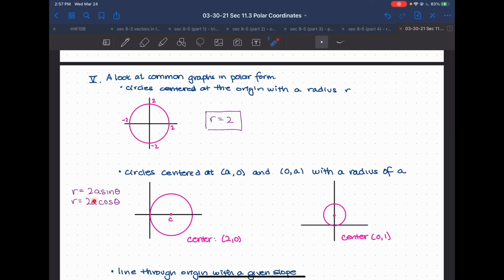So 2a would be 2. This should be 4. So, oh, well, that's also on the circle, huh? But that wouldn't be over here, would it? Yeah, it does look like this is the one that is r equals 2a cosine theta. This is r equals 2a sine theta.